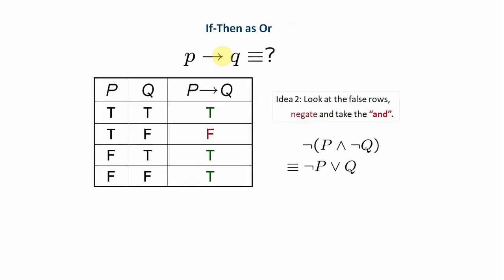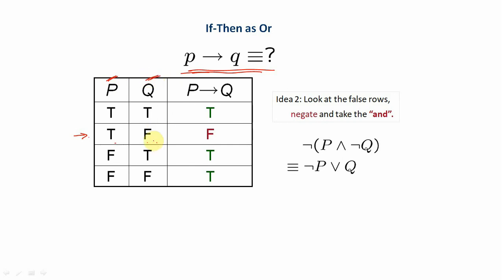Now take the implication P implies Q. If you make its truth table, once again I'll repeat, the conditional promise is broken only when the premise is true and the conclusion is false.